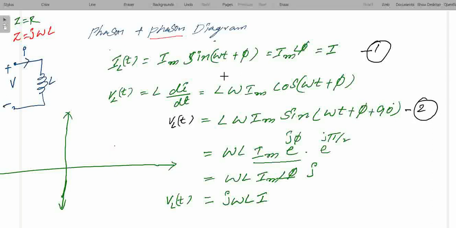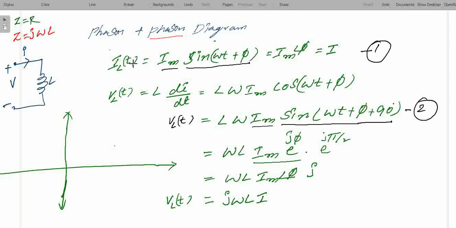If you observe, here you are having Im, and here also Im, but this Im is multiplied with L into omega, so automatically the peak value increases. Then what about sin(omega t plus phi)? Here you have sin(omega t plus phi), but here you have sin(omega t plus phi plus 90 degrees). The phase is increased by 90 degrees.